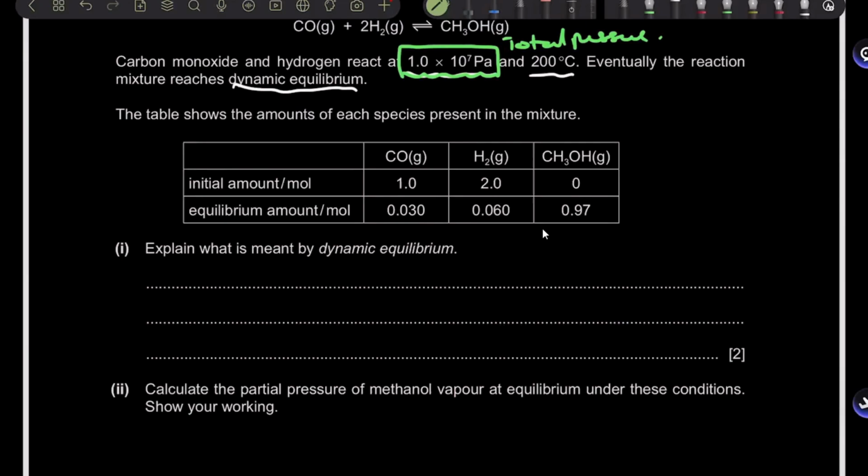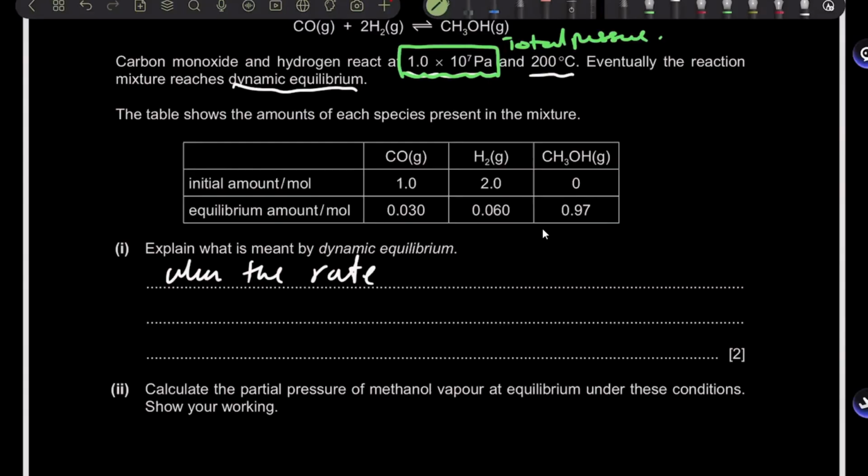So what is meant by dynamic equilibrium? So what do we say? It would be the same amount of reactants and products in the reversible reaction? No. The exact definition. You have to remember the exact definitions. In definitions, there is no flexibility.